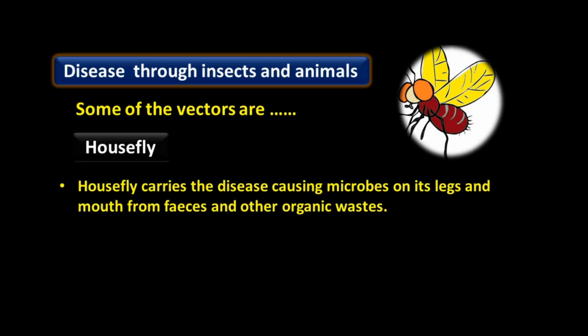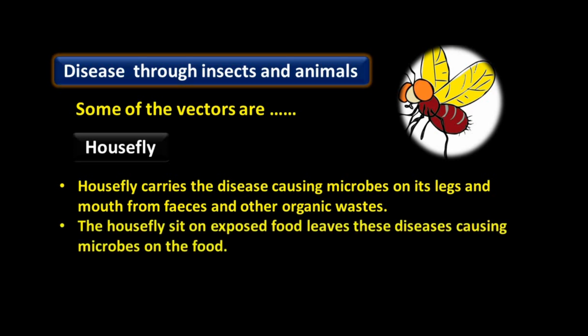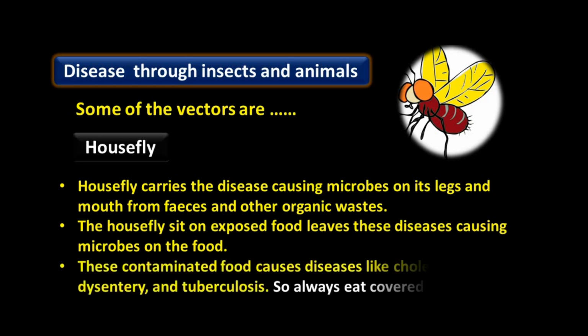The housefly sits on exposed or open food and leaves these disease causing microbes on that food. This contaminated food causes diseases like cholera, typhoid, dysentery and tuberculosis. So the best way is to always eat covered food.